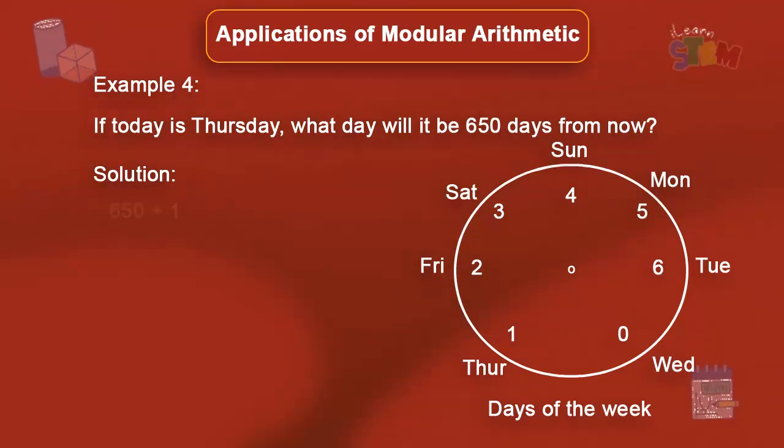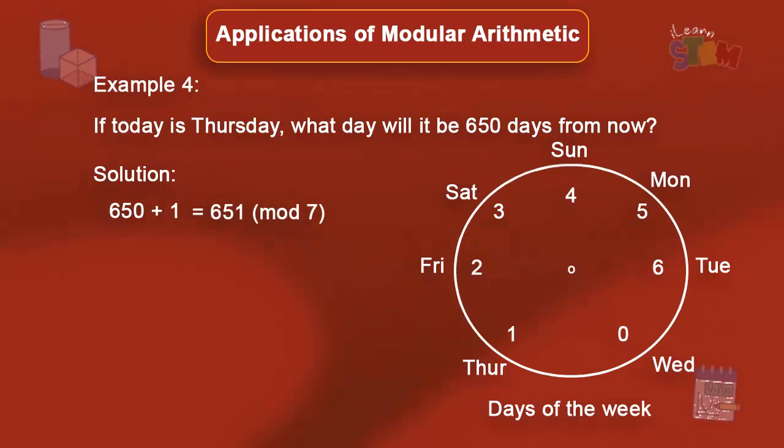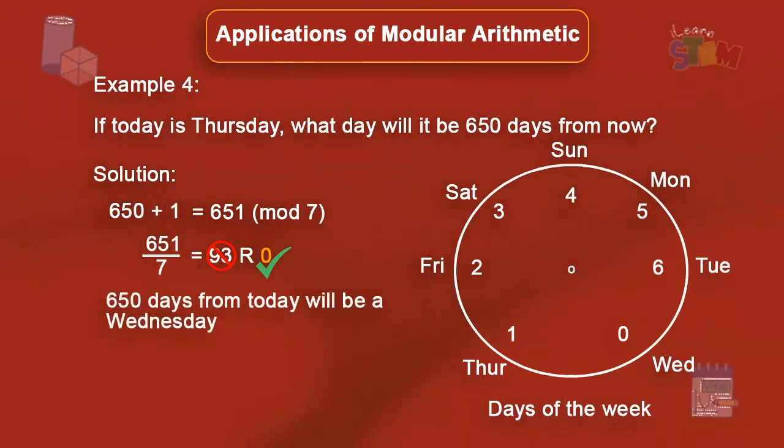So, 650 + 1 = 651 in mod 7. Now, 651 divided by 7 gives 93, remainder 0. Remember in modular arithmetic, we focus on the remainders, while we ignore the multiples. From our diagram, 0 represents Wednesday. Therefore, 650 days from today will be a Wednesday.